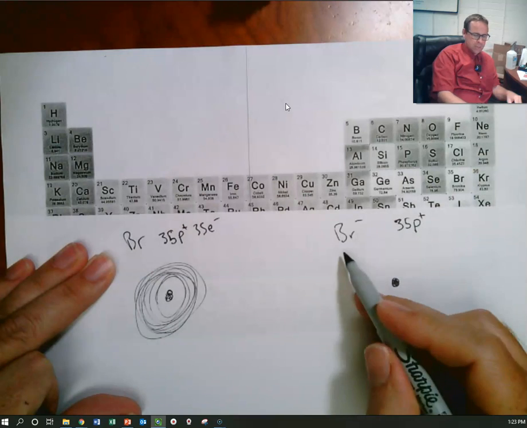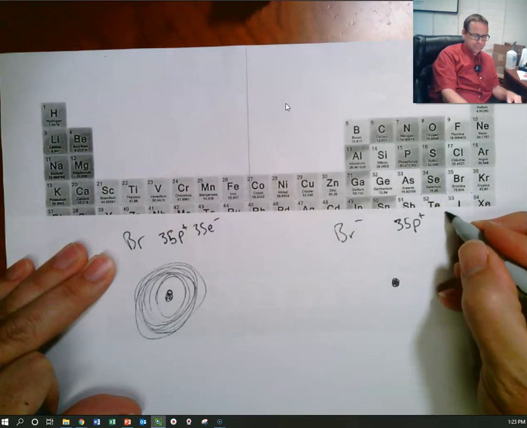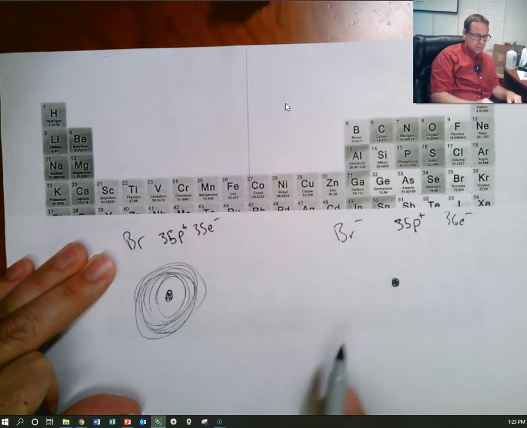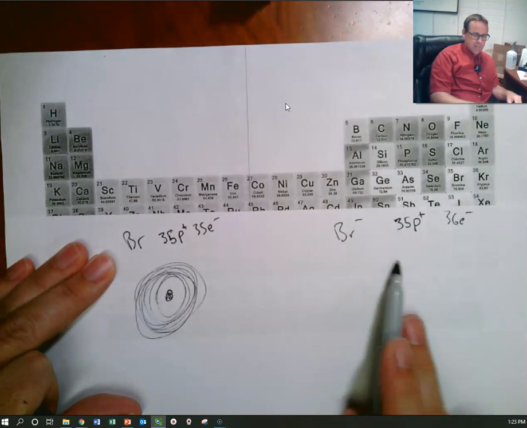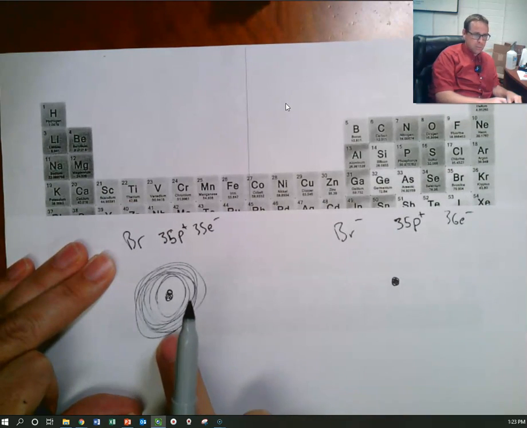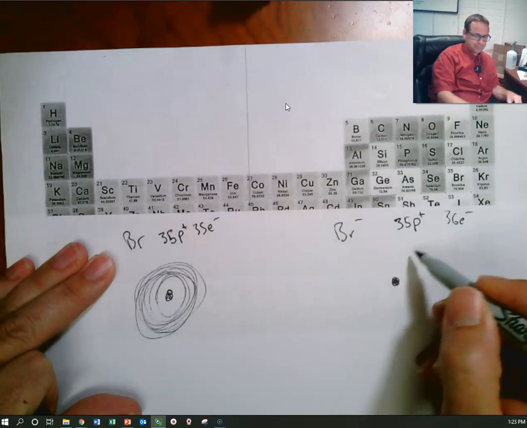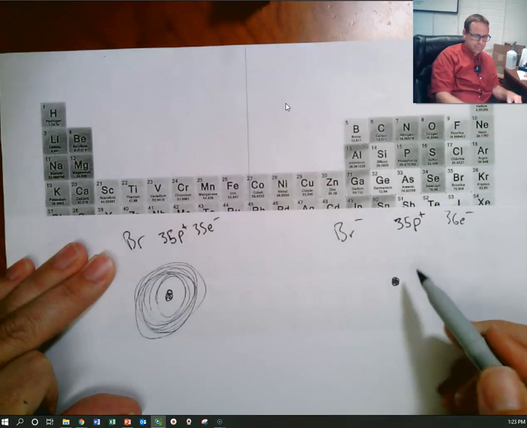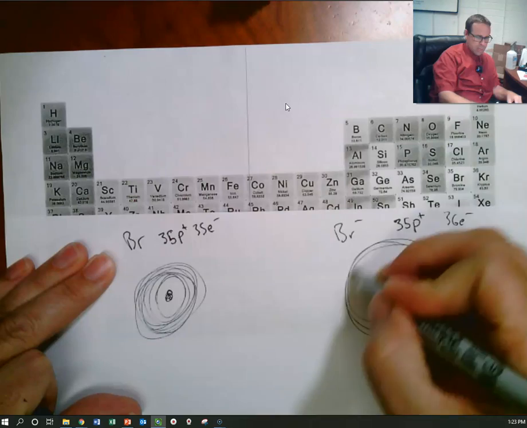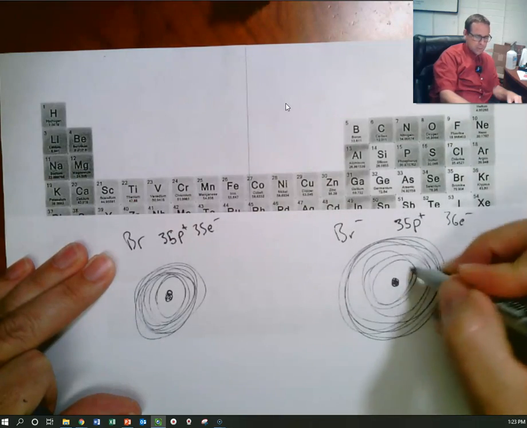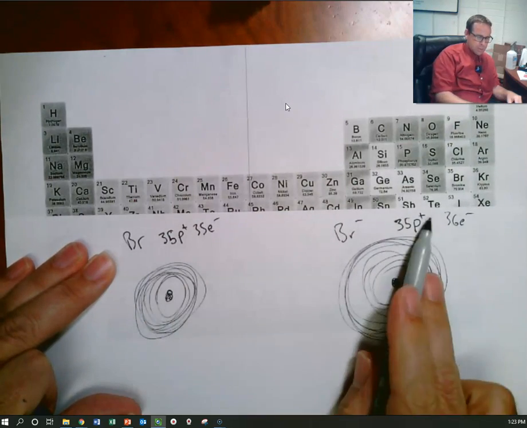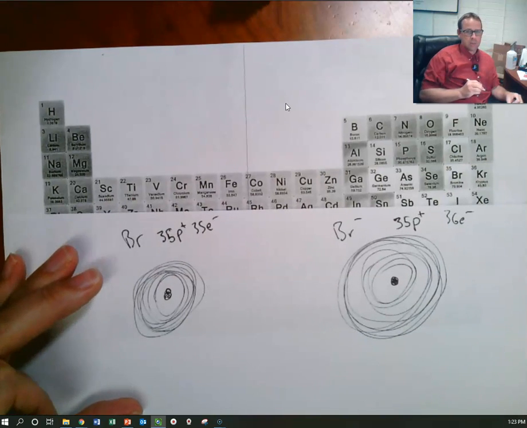Now, how many electrons in this species? 36. So, would you expect the size of this thing here to be larger or smaller? The ion would be larger because it has one extra electron. That's right. It's going to have an increased size because same number of protons, but an extra electron now.